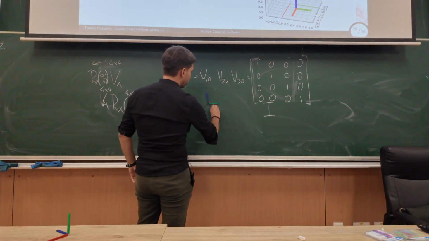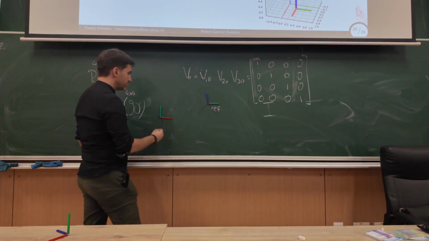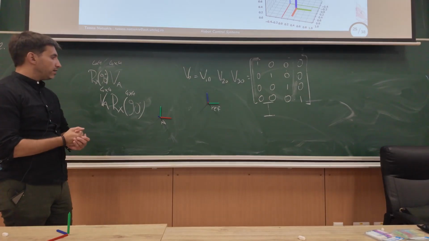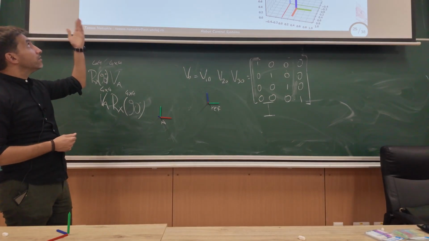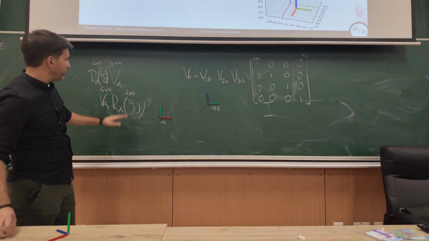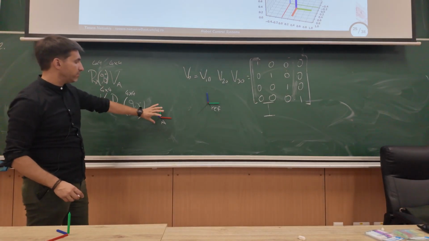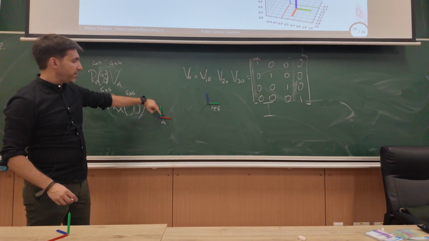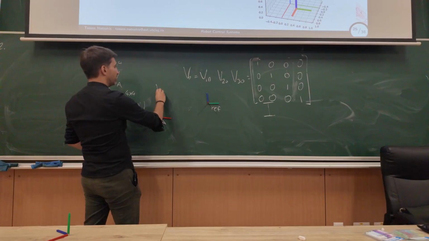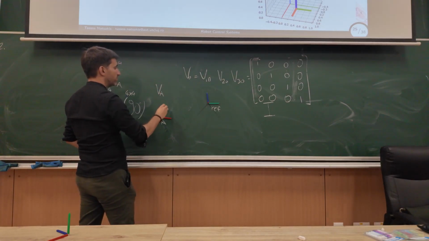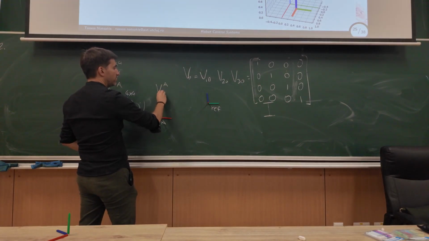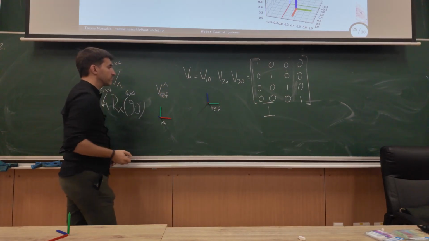Let me even write it. And this is frame A in this case. When I multiply from the left, I have this frame A, so I have this VA, which is frame A expressed with respect to the reference frame. Let's better call it V reference A.